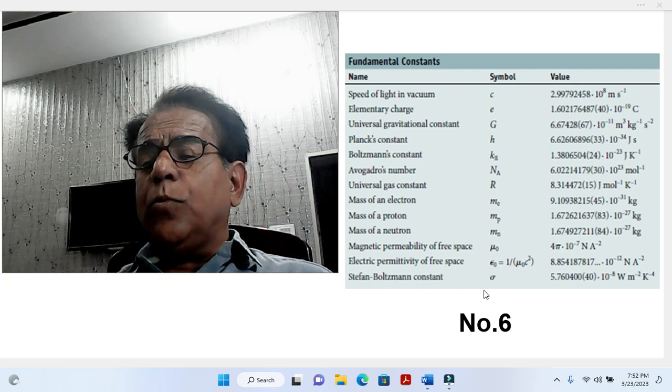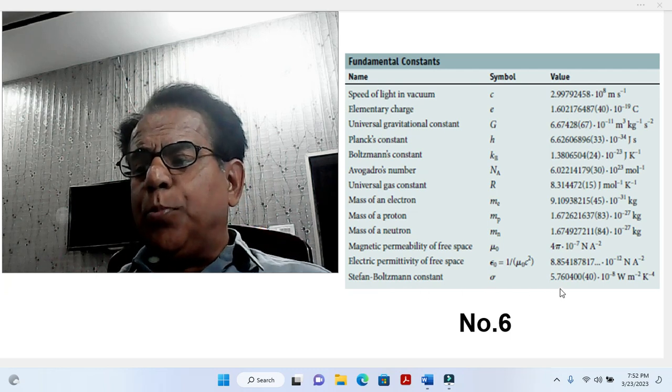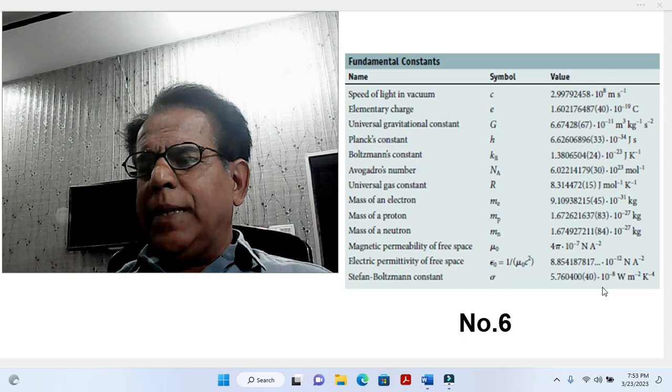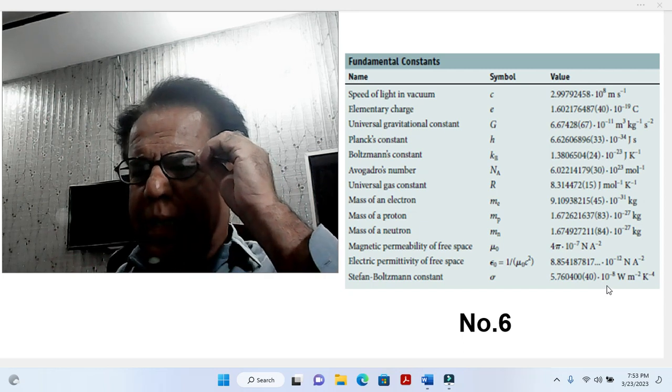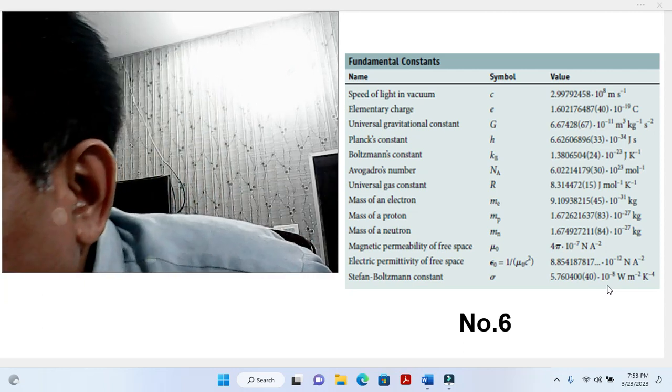The Stefan Boltzmann constant sigma is equal to 5.67 and so on, times 10 raised to the power minus 8 watt per meter squared per Kelvin to the power 4.